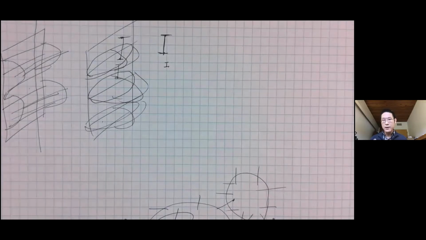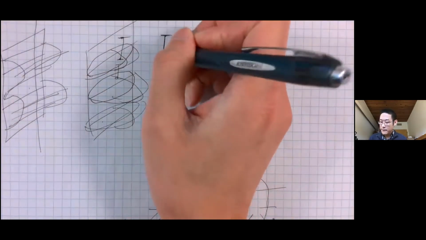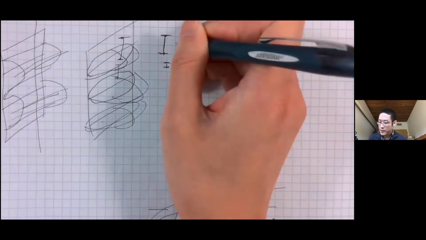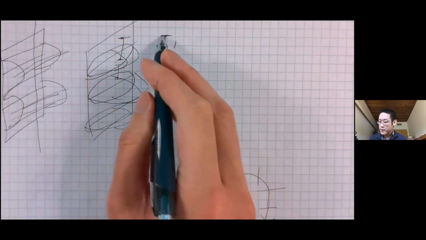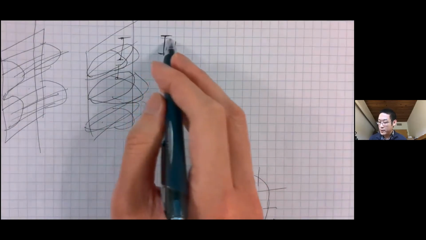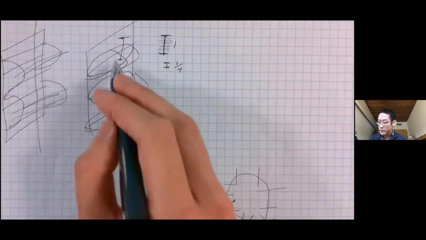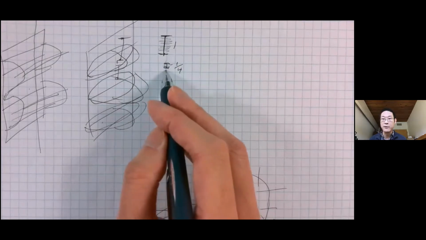Because remember, vertical lines have Hausdorff dimension 2. So if I take a vertical segment of, say, length 1, and say this is length 1/4, if I have some number of translates of this that cross the boundary, I should have half the number of translates of this that cross the boundary.